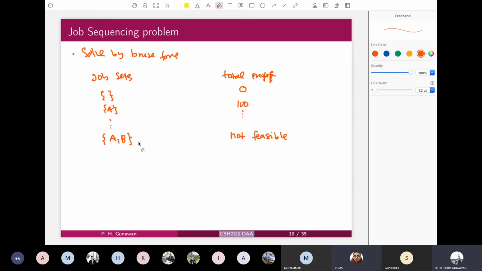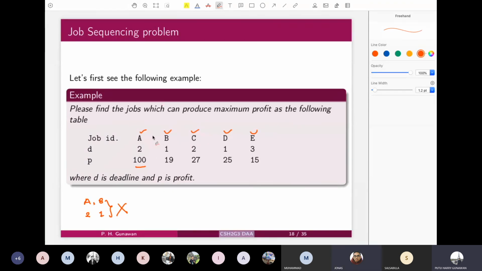How about A and C? Job A has deadline 2, and C also has deadline 2.